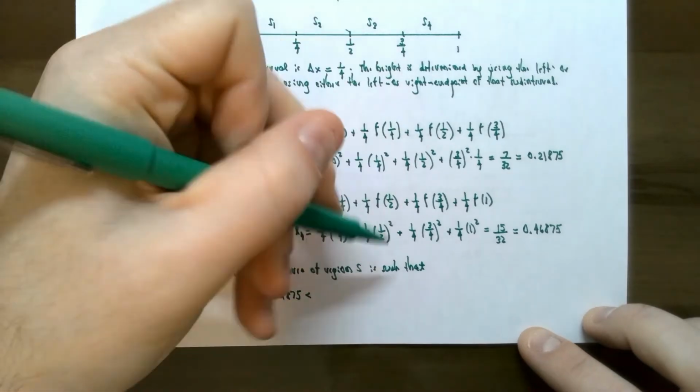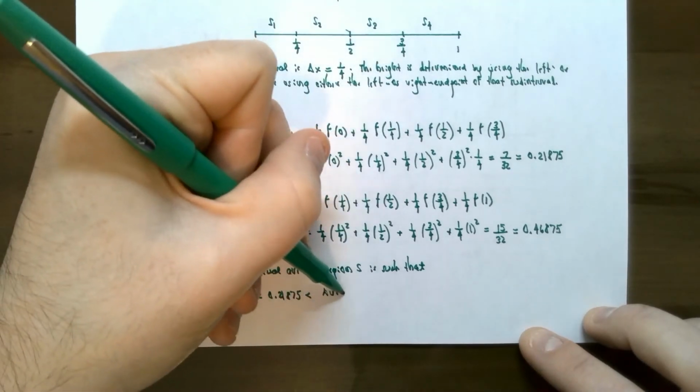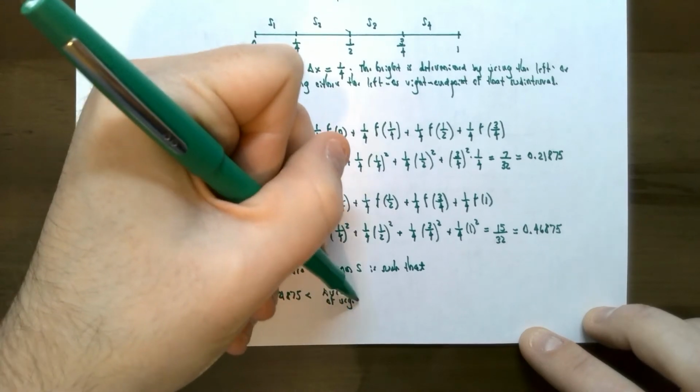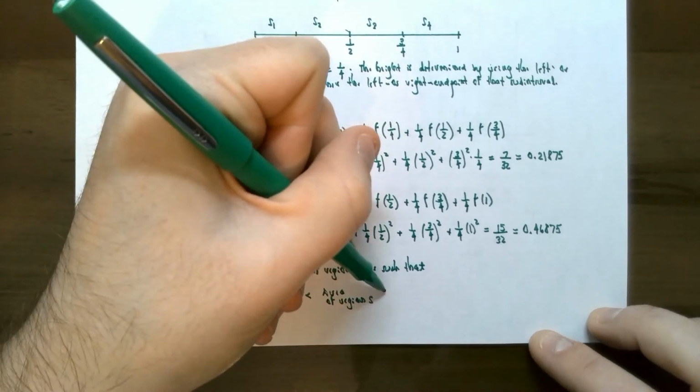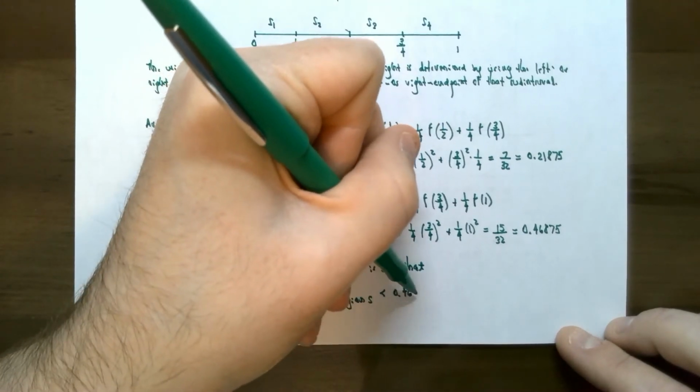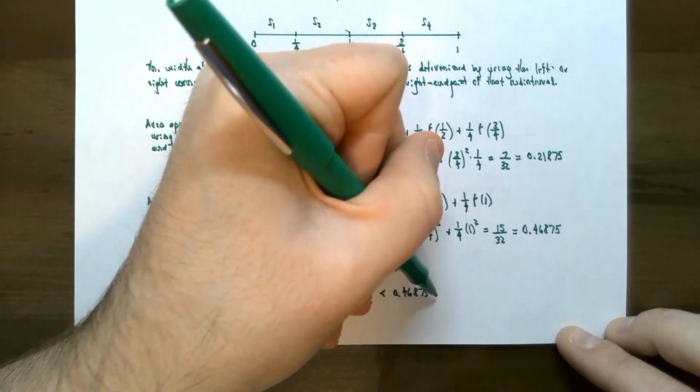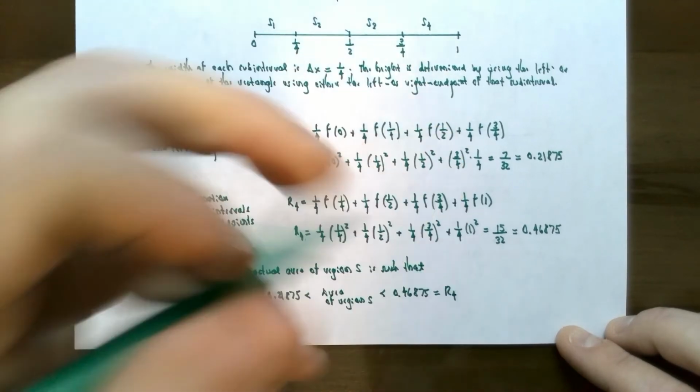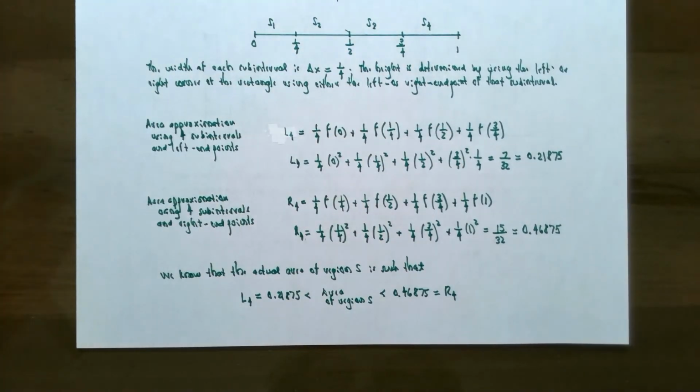That is less than the area of region S, the actual region, which is also less than the overestimate 0.46875, which was the estimate using right endpoints and 4 subintervals. So this gives you an idea of how to use rectangles to approximate areas.